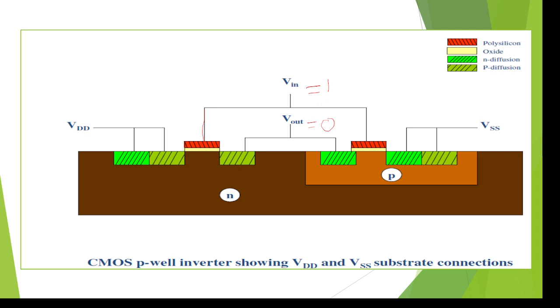So within 4 or 5 steps we can design an inverter, or else we can design a P-well process within a single step, which I will show you. We have taken an N substrate here. This is an N substrate having electrons, and we diffuse holes into the N substrate, which is named the P-well.